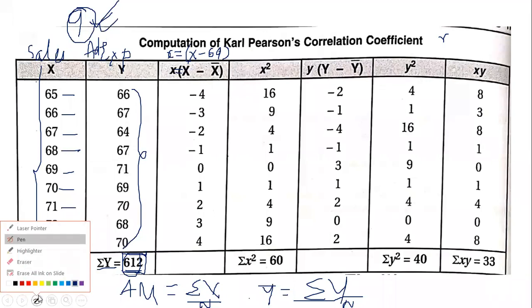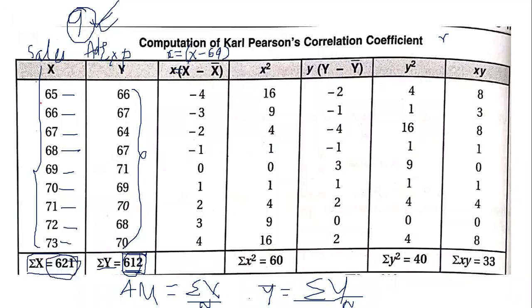Now here 65 minus 69, how much do you get? 65 minus 69 is 4, but since the first number is smaller, you get minus 4. 66 minus 69 gives minus 3. 67 minus 69 gives minus 2.